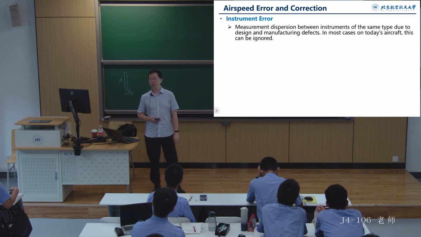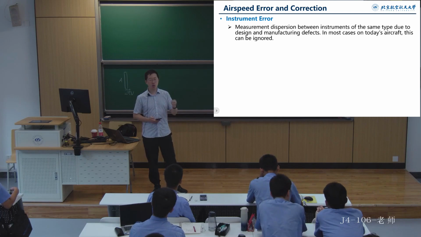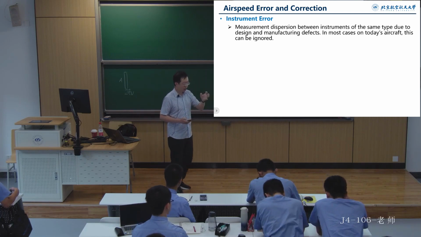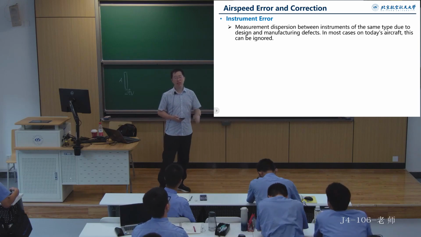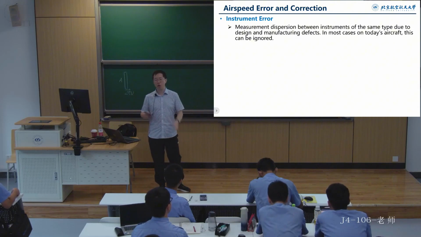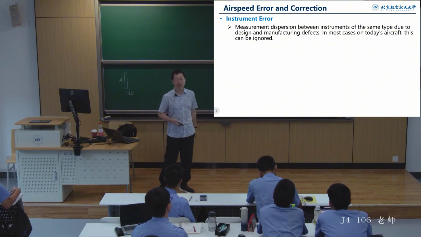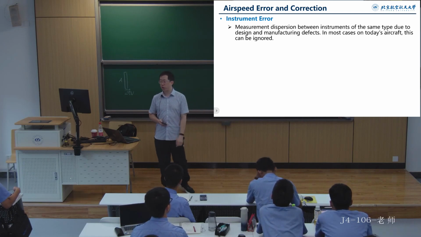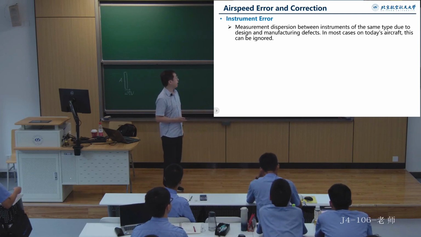What is instrument error? It refers to the scenario where the total and static pressures you read are accurate, but due to your instrument, defects in the manufacturing process, or variations in quality, might cause the indicated readings to have slight errors. We refer to this as instrument error.